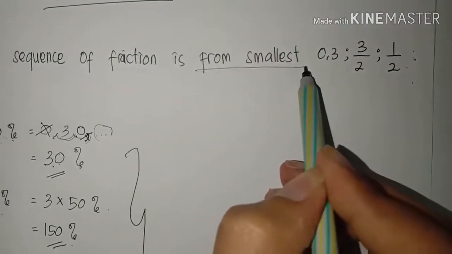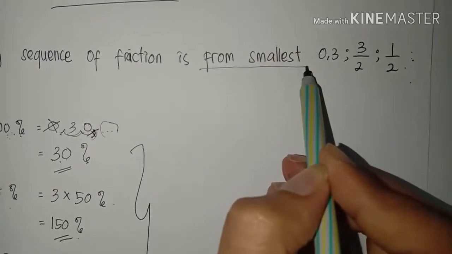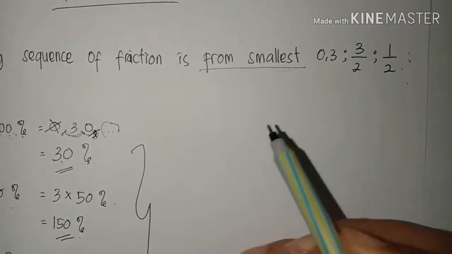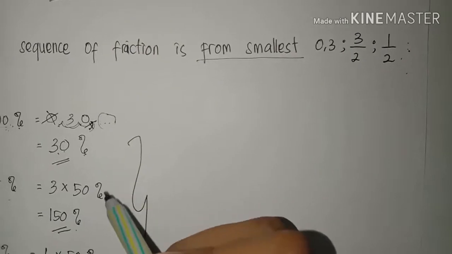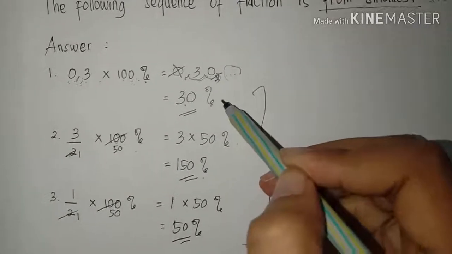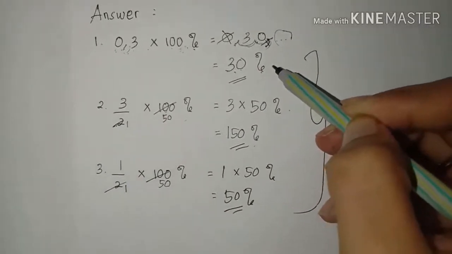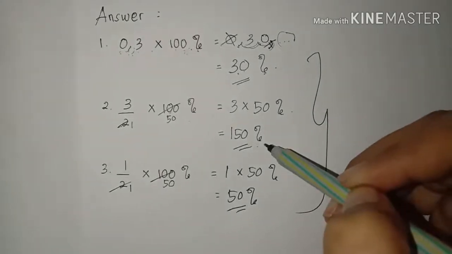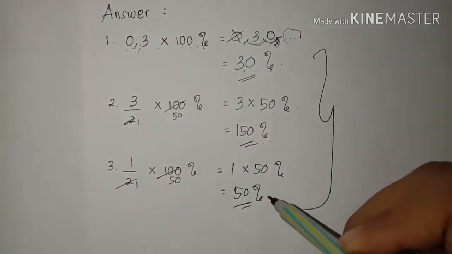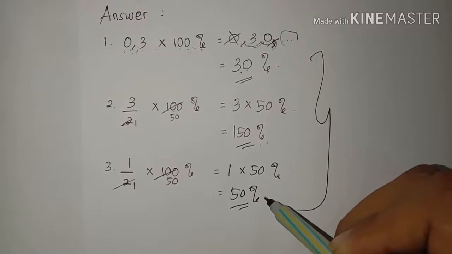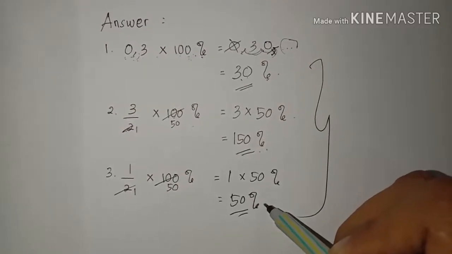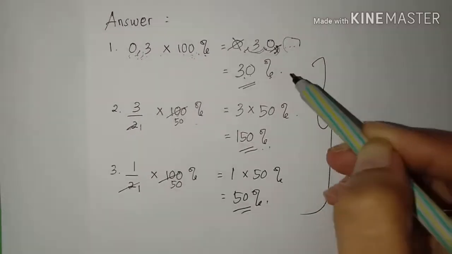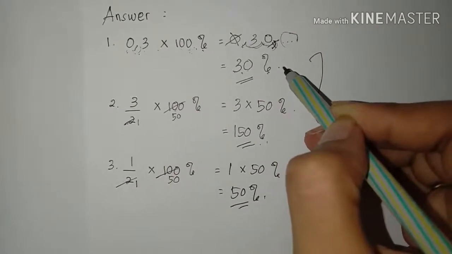So now we determine the number that is smallest: this is 30%, 150%, and 50%. So the smallest is the first pattern.